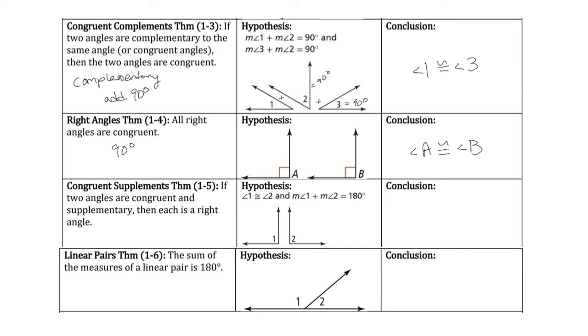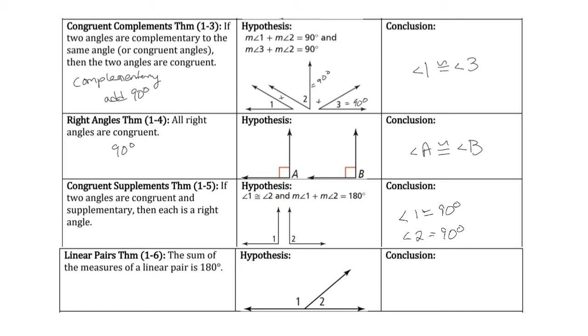So we can say angle 1 is equal to 90 degrees, and angle 2 is also equal to 90 degrees, because if they're the same degree and they both add up to 180, they both have to be 90 degrees.